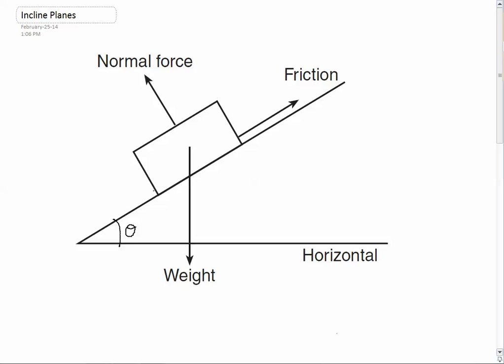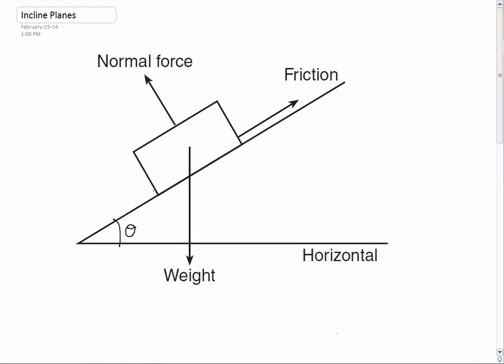So obviously we have the weight of the object acting down. Because the object's stationary, it's not sliding up or down the plane. We have friction that's holding it in place, and we have a normal force that acts perpendicular to the plane.